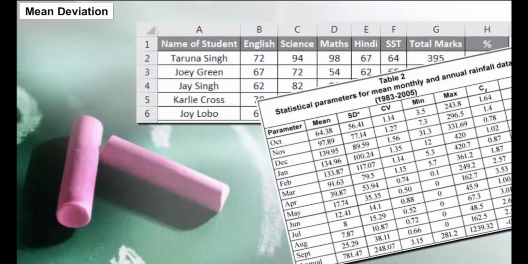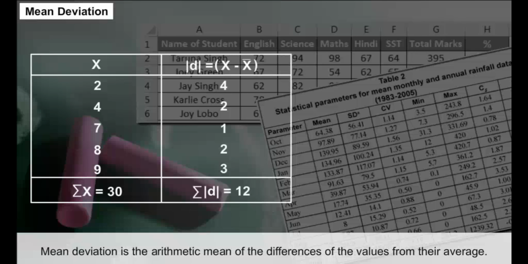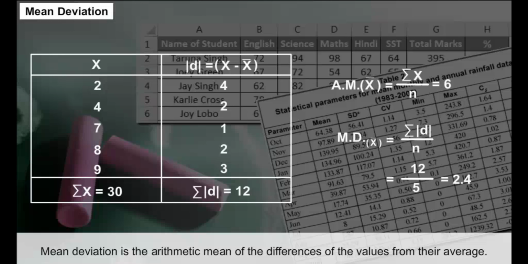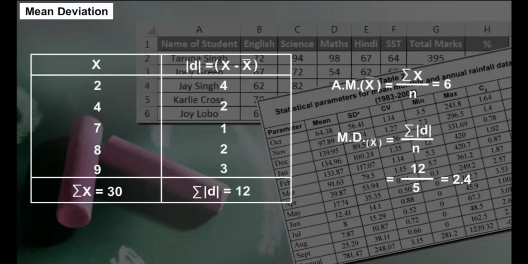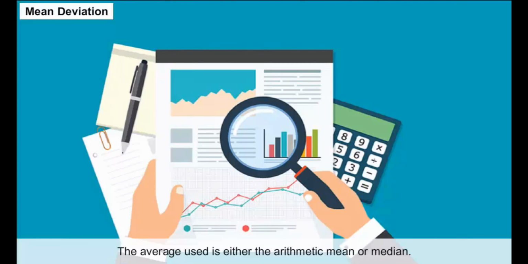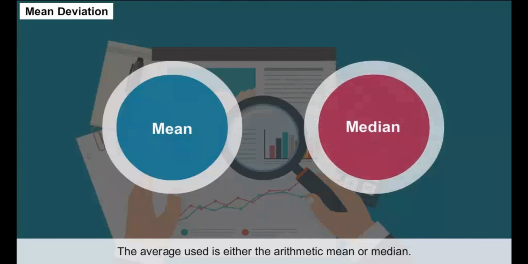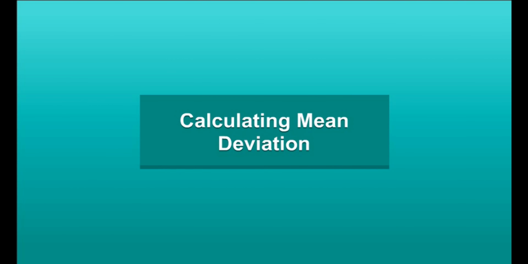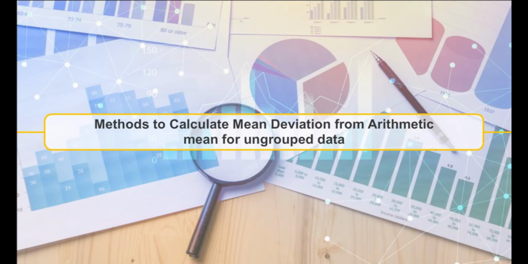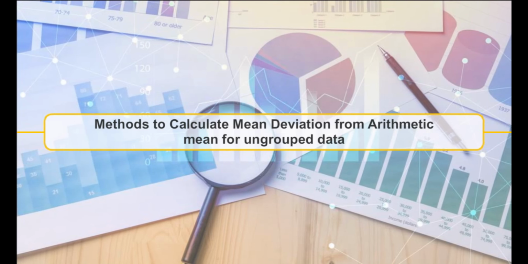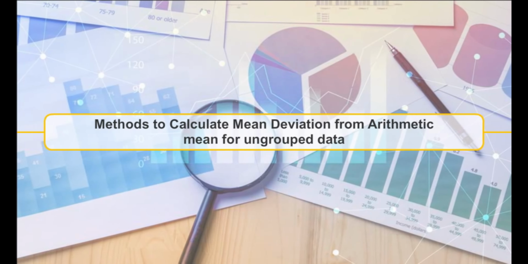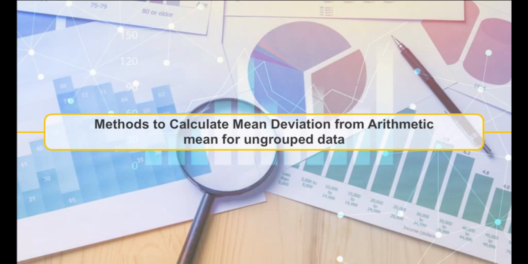Mean deviation. Mean deviation is the arithmetic mean of the differences of the values from their average. The average used is either the arithmetic mean or median. Calculating mean deviation. Methods to calculate mean deviation from arithmetic mean for ungrouped data.